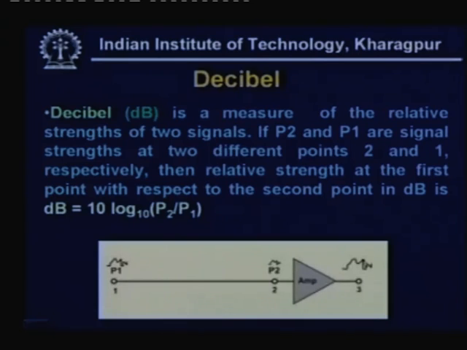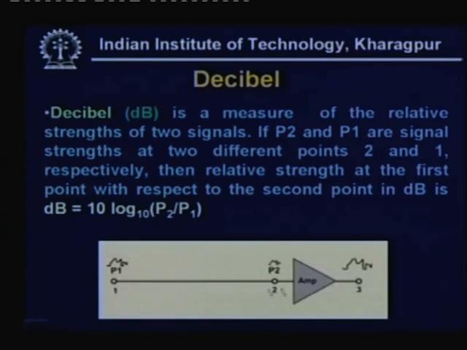And as I mentioned, decibel is a measure of the relative strengths of two signals, that means signal at the destination and signal at the transmitter. If P2 and P1 are signal strengths at two different points, 2 and 1 respectively, then the relative strength in dB is, as I explained, dB is equal to 10 log 10 P2 by P1.